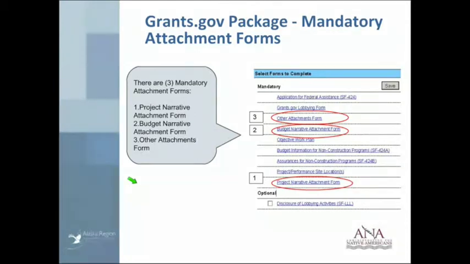All right, so there are 3 of them. There's the narrative attachment form, number 1. There's the budget narrative attachment form, number 2, and there's the other attachments form, number 3. I'll go through each one of these in detail now.